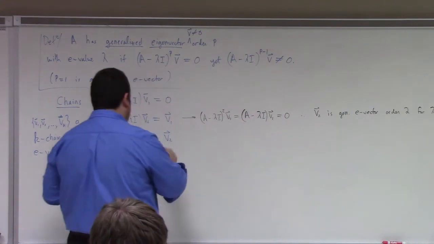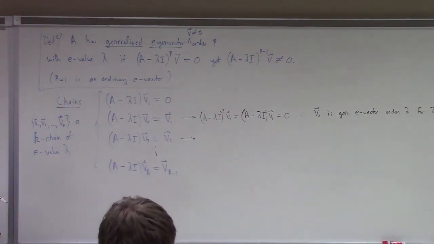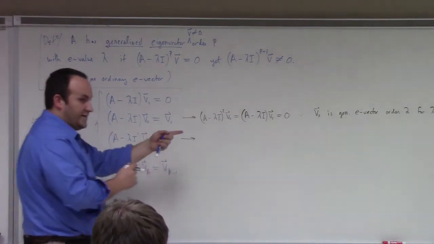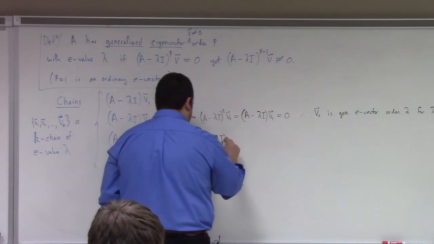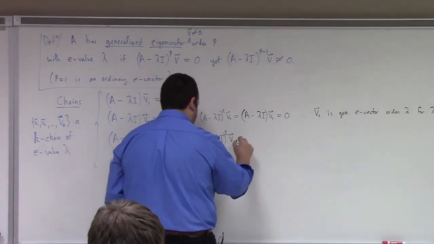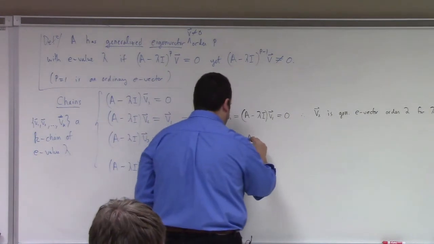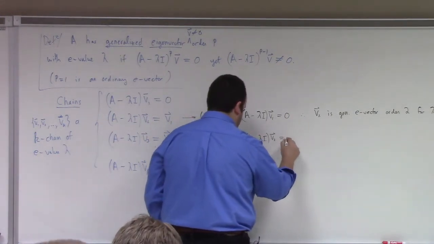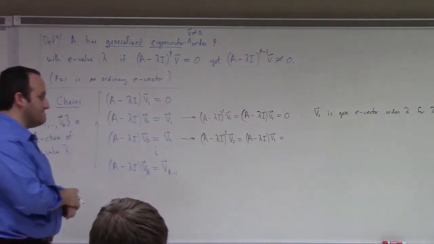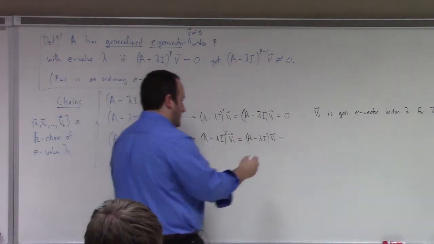What happens if we do the same trick on v3? What if we take v3 and multiply by A minus lambda I both sides? What do we get? Well, we just figured out that A minus lambda I v2 is what? Well, by definition, that's v1, right?